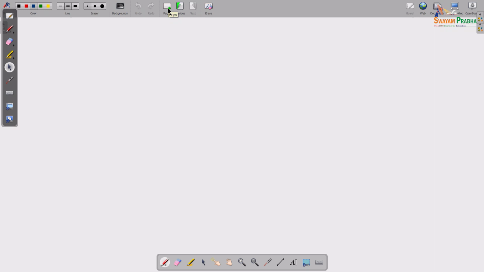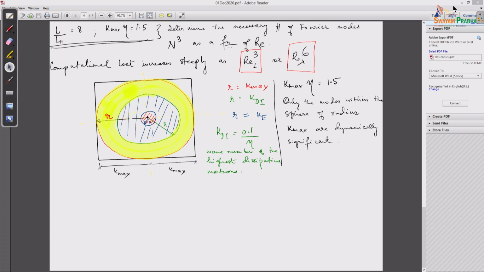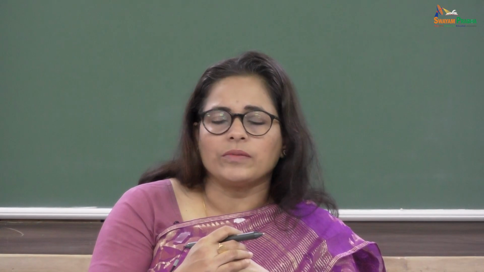So what I'm basically trying to say here, kind of repeating myself, is that we have several motions. Like we said in the last class, in a turbulent flow the length scales vary quite a bit. We have the Kolmogorov length scales, which are really small, and then we have the larger eddies.